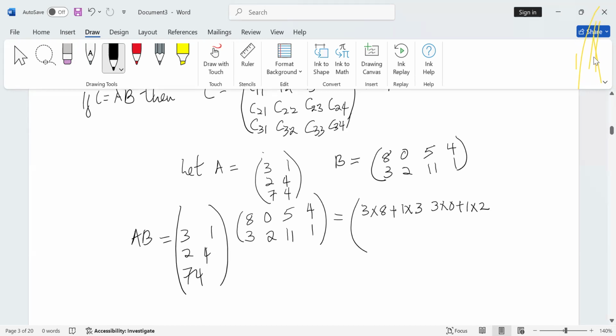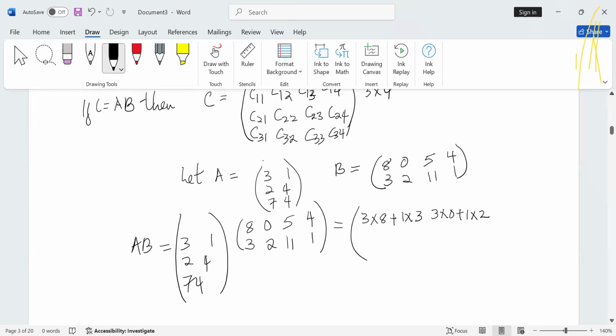That's what this product matrix is telling us. Then you have 3 times 5 plus 1 times 11. Then the last one is 3 times 4 plus 1 times 1. Then row 2, column 1: 2 times 8 plus 4 times 3. Row 2, column 2.